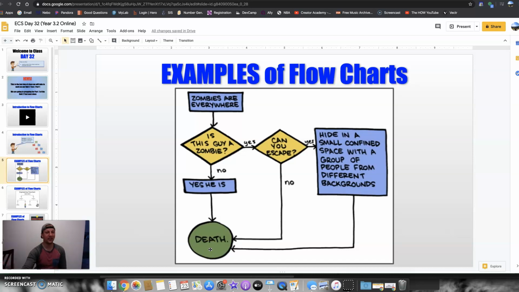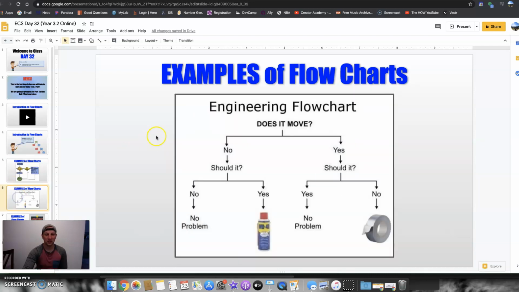Here's a better one, hopefully. I've heard this one a bunch, and I've actually seen it on t-shirts. It's the engineering flowchart. When you're an engineer, you fix problems and solve mechanical things. So here you are asked the question, does something move? If the answer is no, should it move? If the answer is no, it shouldn't move, then you're good. There's no problem. Does it move? No. Should it move? Yes.